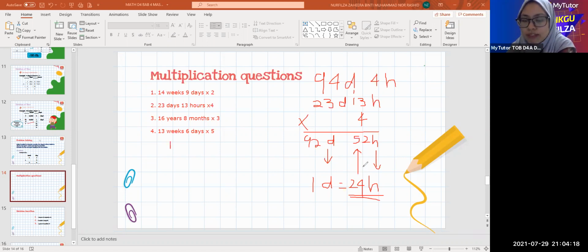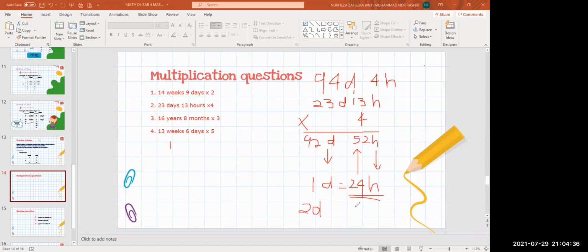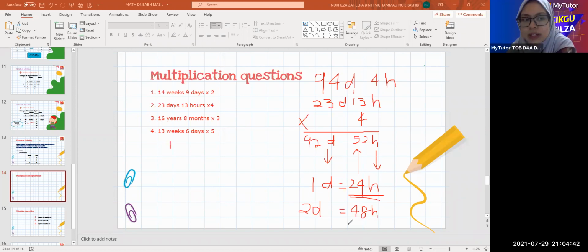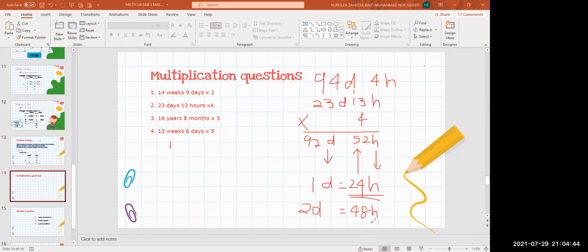Alright, so 24. Because now that your 52 is more than 24, you have to take some, buat jadi days. Okay, because 24 hours equal to 1 day. So let's say, kalau 2 hari berapa jam pula? 48 jam kan? 48 hours. Okay, so 2 days equal to 48 hours.